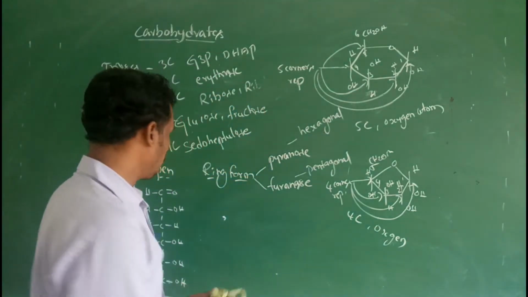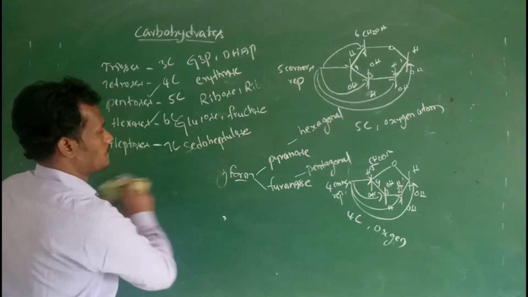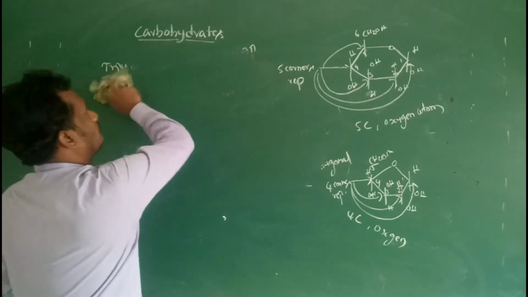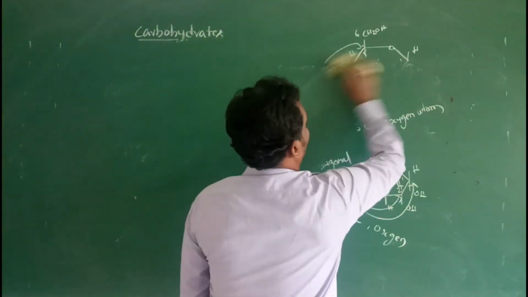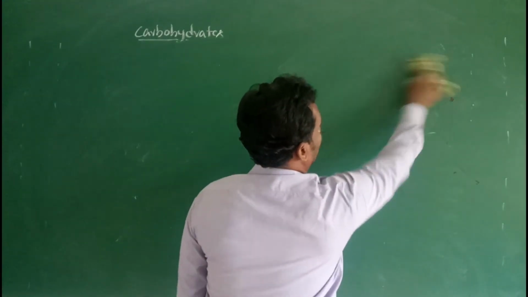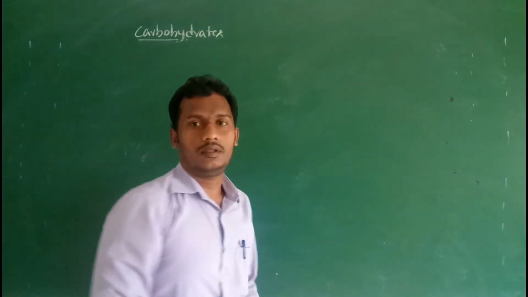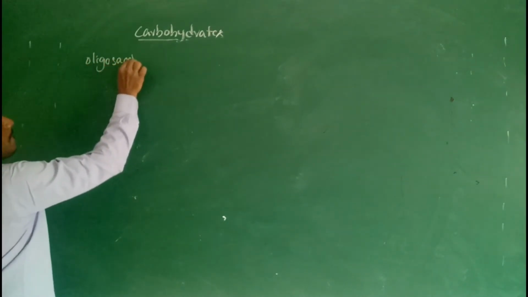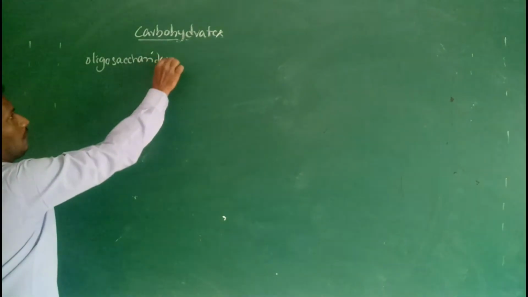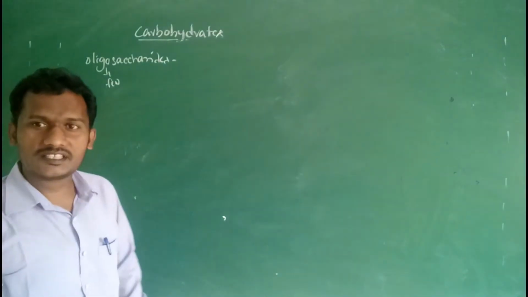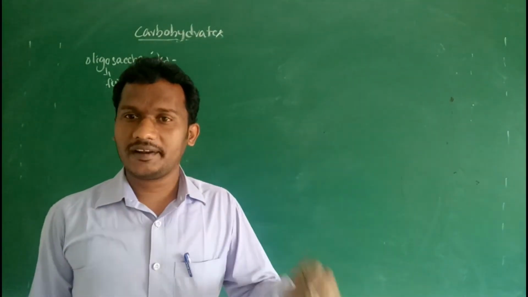Next one, oligosaccharides. Oligo means few, so a few monosaccharides are present.